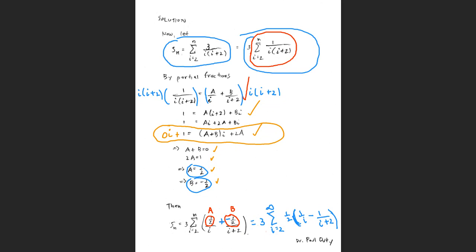All right, let's go to the next page then. So the nth partial sum, we have it here.